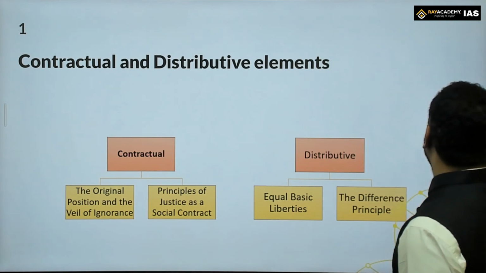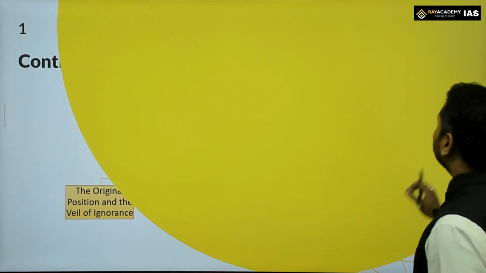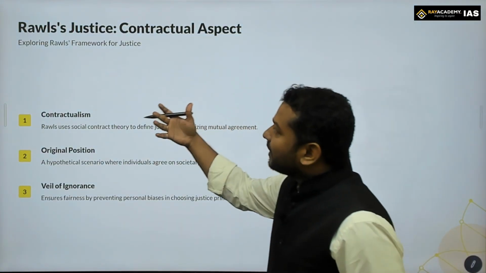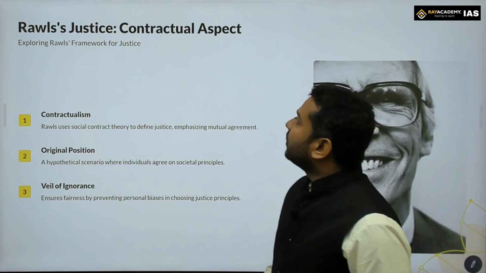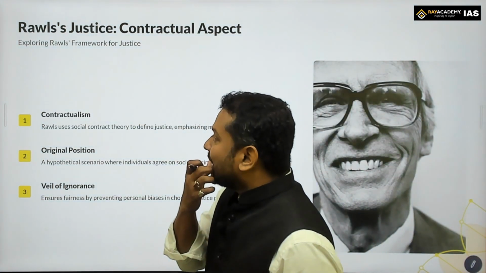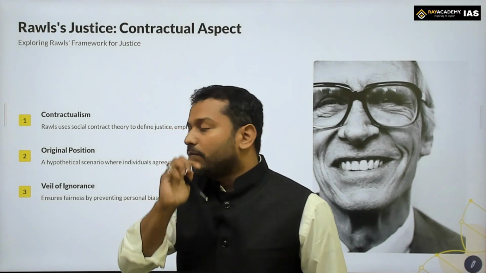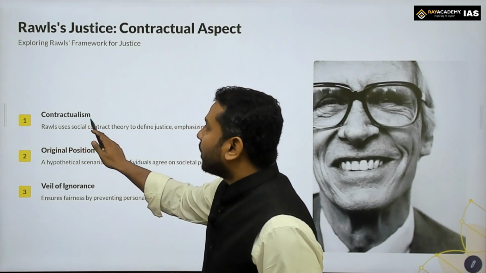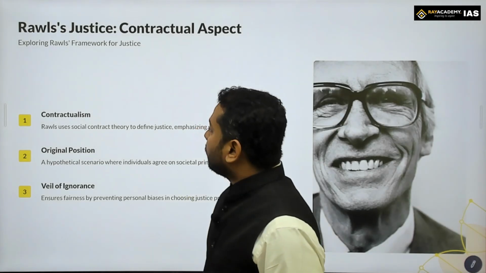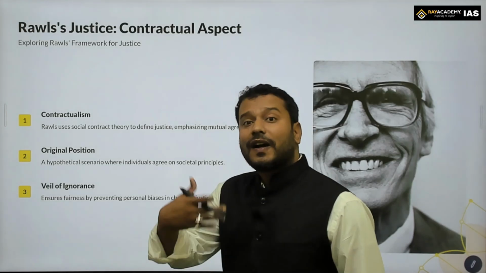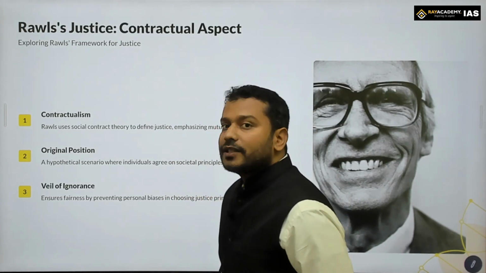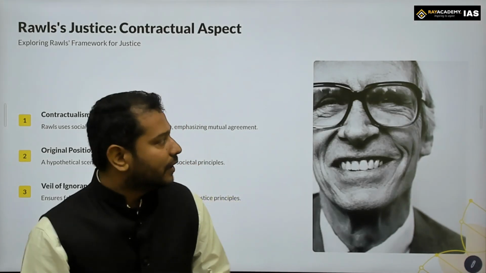Let us understand also in a nutshell. Now, the first concept, as I already have explained, related to Rawls, the justice, contractual aspect. It talks about basically 3 points. Number 1 point is contractualism. What is contractualism? John Rawls uses the social contract theory to define justice, emphasizing that there has to be a mutual agreement.